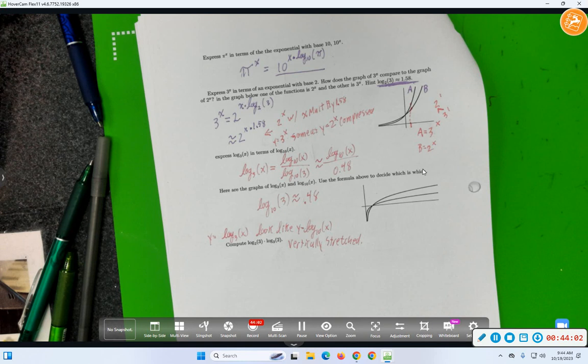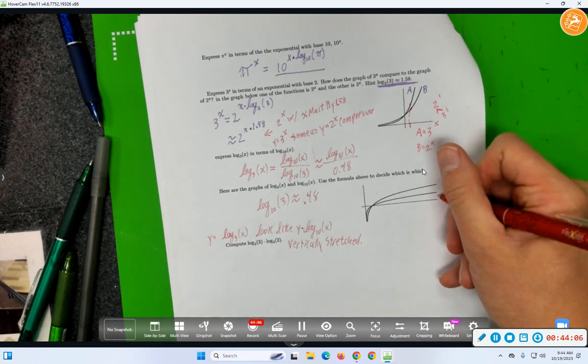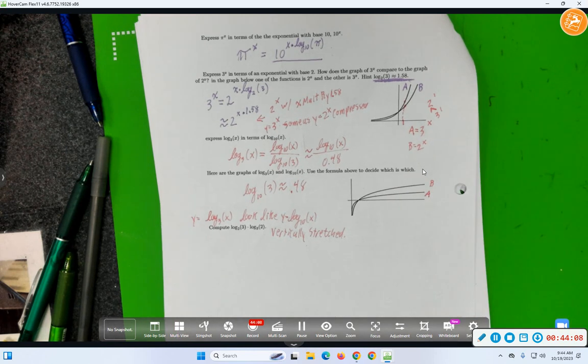All right. So, look at those two graphs. Maybe I'll label them again as A and B. Log base 3 of x is log base 10 of x, but vertically stretched. Which one of those is the other one vertically stretched?